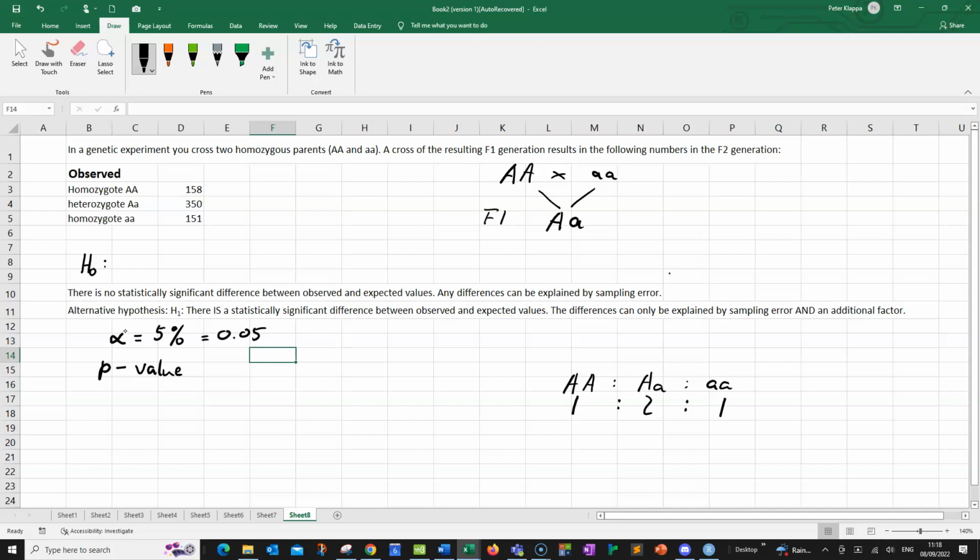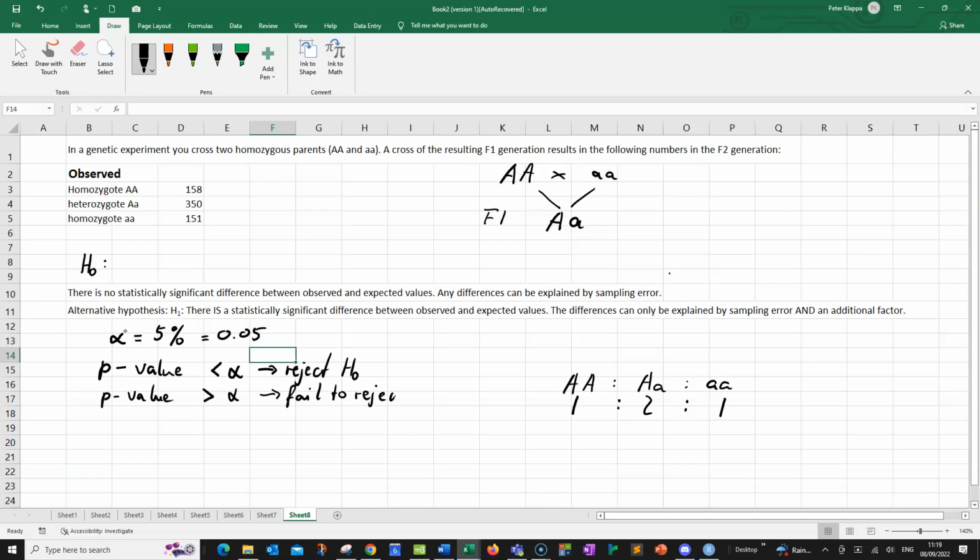And we can say that if the p-value is smaller than our significance level alpha, we would reject the null hypothesis. Remember, if p is low, H null must go. On the other hand, if the p-value is larger than alpha, then we would fail to reject the null hypothesis.